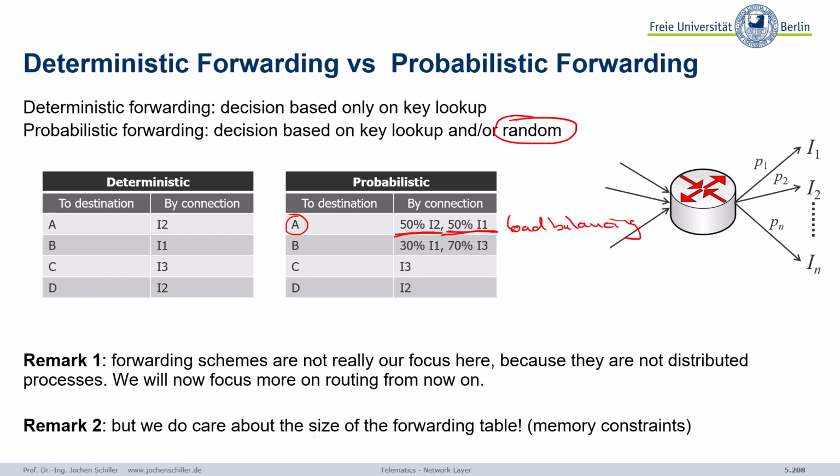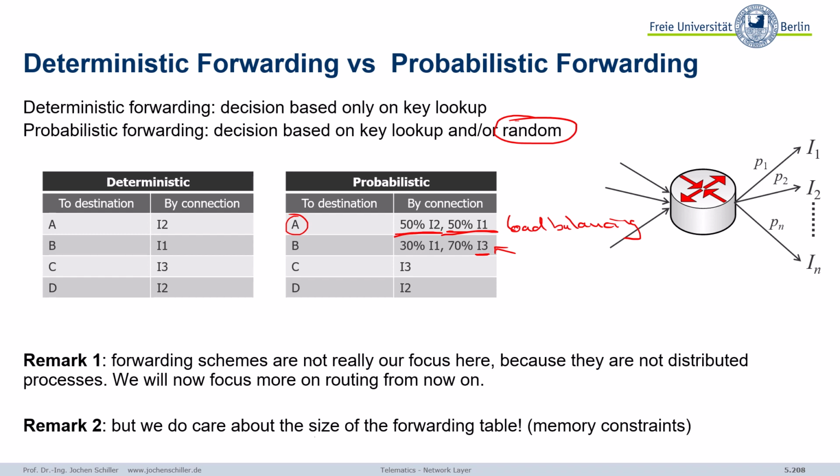If you have two alternative paths, then you can pick one out of them. You can also prefer one of the paths. Maybe you know that in the second row I3 has a higher capacity, then you can map 70% of the traffic to I3, interface 3, and 30% to interface 1.